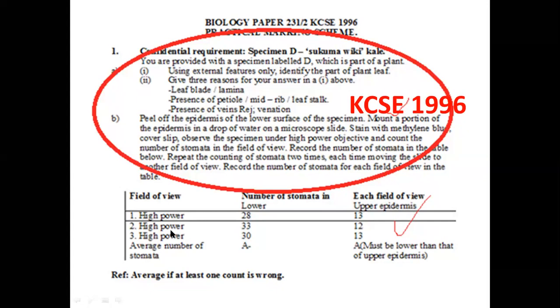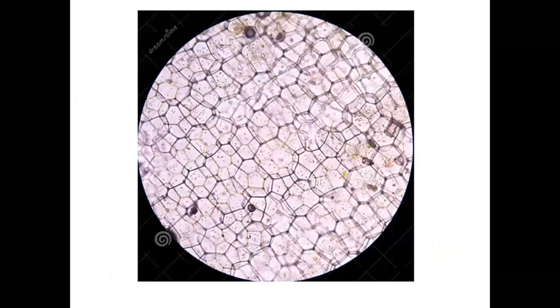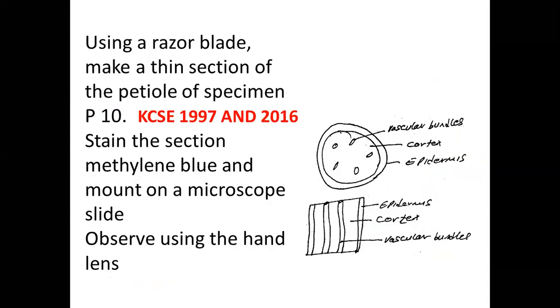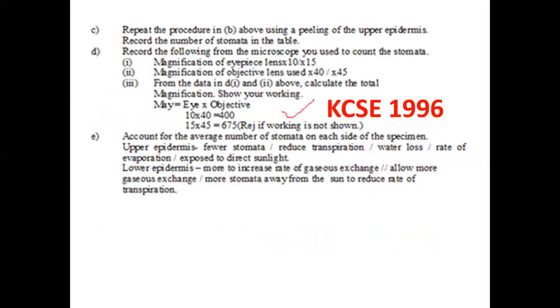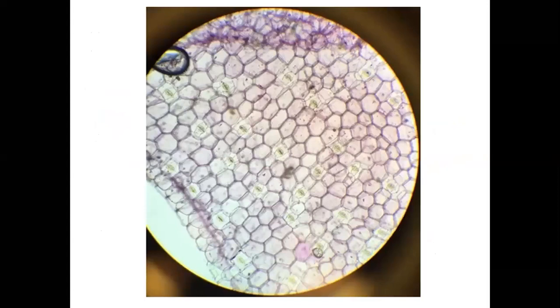And I want to narrow down to this one, because when it comes now to counting, if you are brought now a slide like this one, let me start with this one. And you are supposed to count the number of stomata.